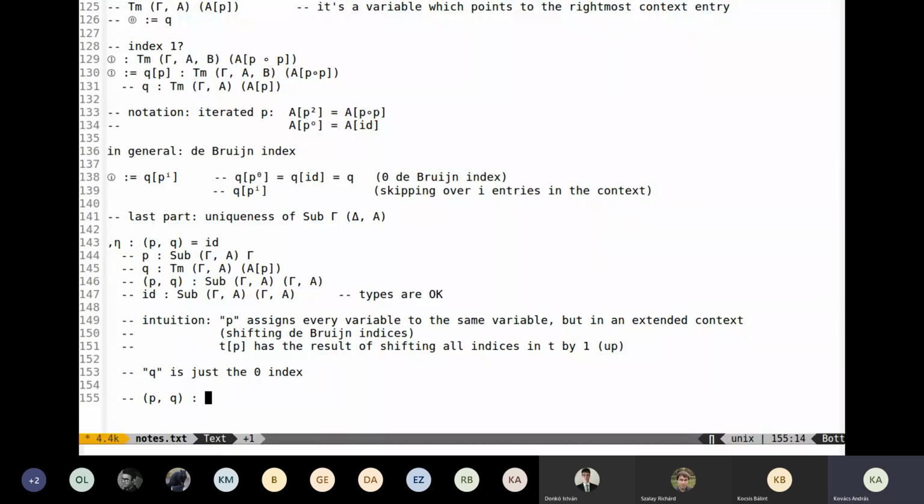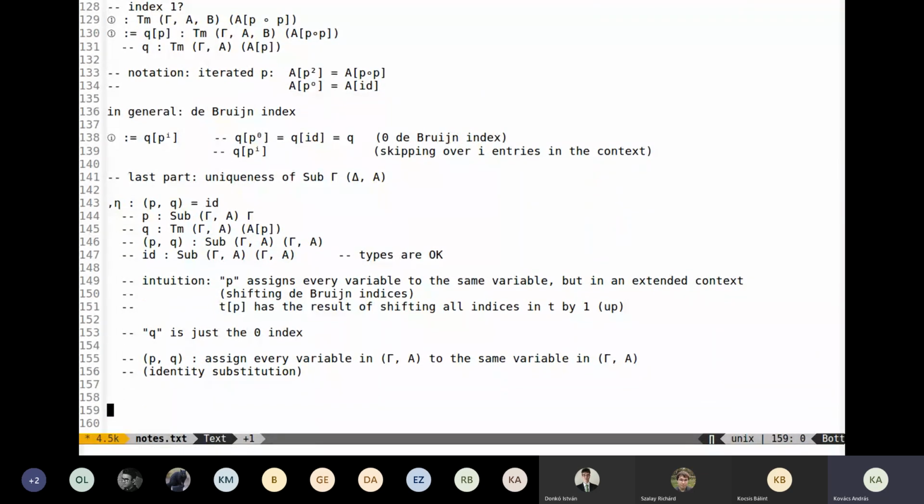So what happens is that in the end, we just assign every variable in gamma A to the same variable in gamma A, which is the identity substitution. Or maybe another way of thinking. Okay, let's not talk about that. So maybe for now this is enough.